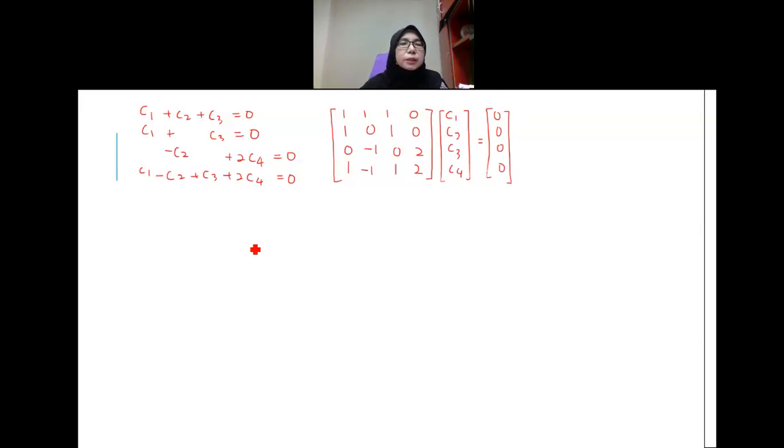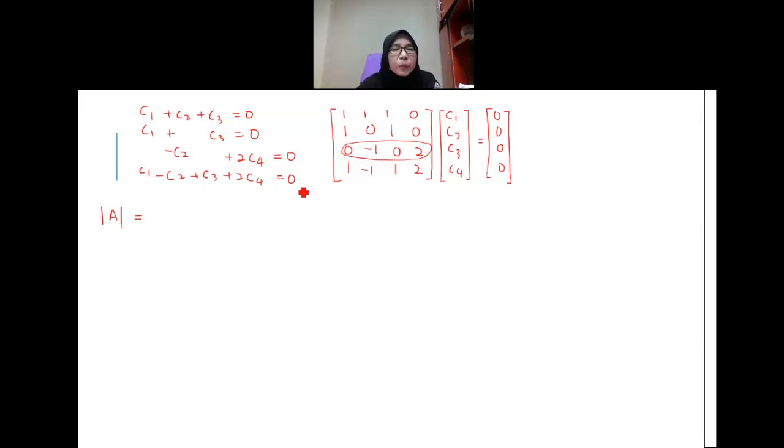Next step is using the determinant by cofactor expansion. To use cofactor expansion, it is best to choose the column or row with many zeros. Here I choose the third row.